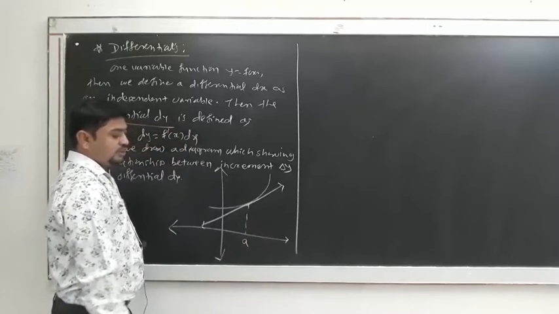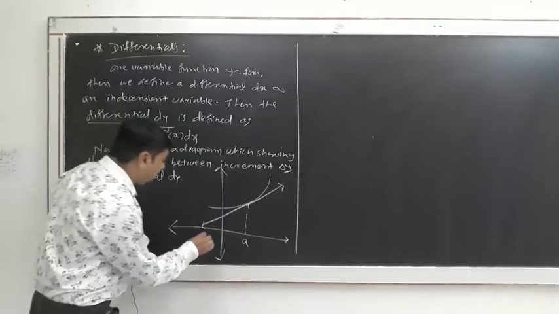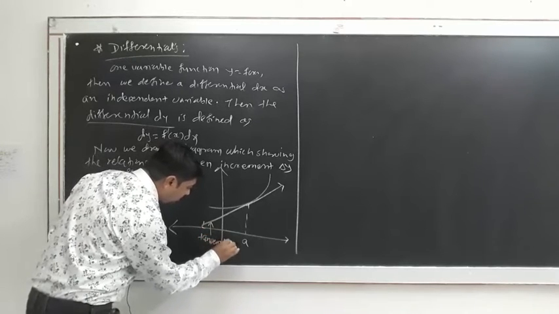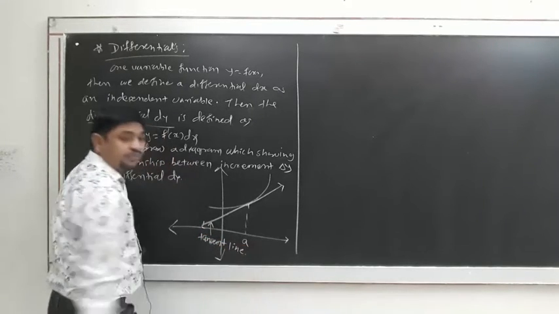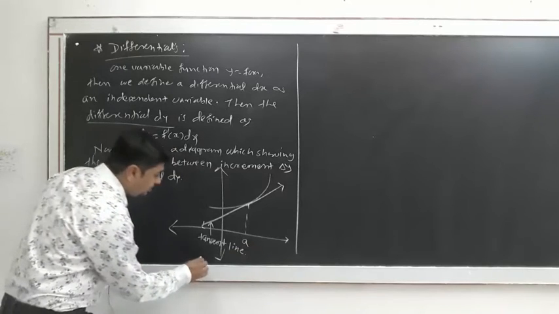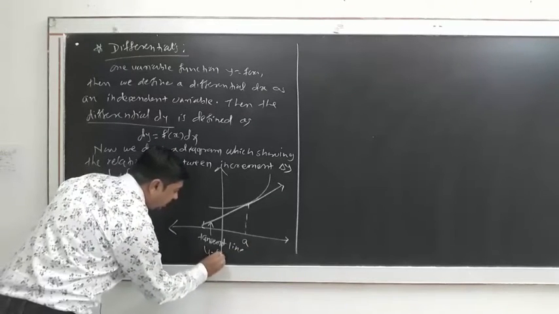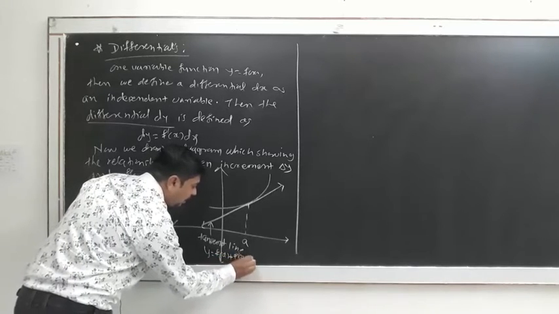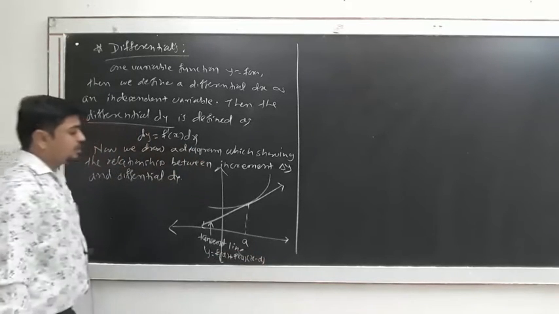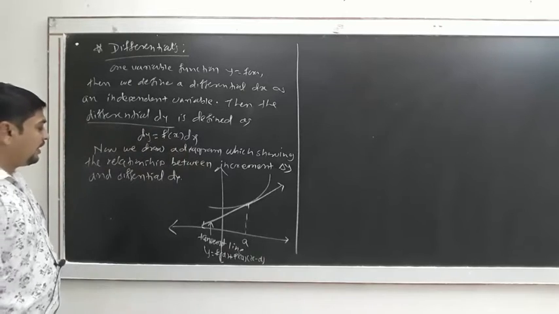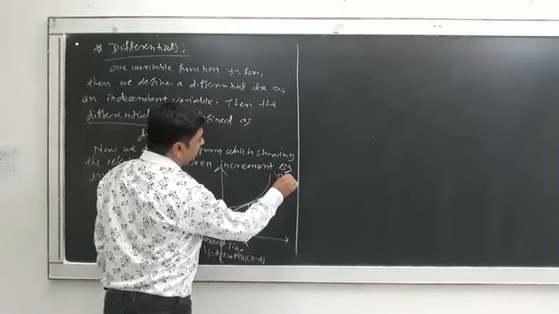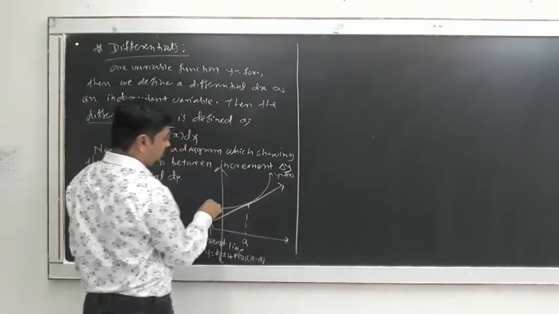Then this is a tangent line. You can write the equation for this: y is equal to f of a plus f dash of a into x minus a. This is the tangent. It has a slope f dash of a, and this is our curve y is equal to f of x.